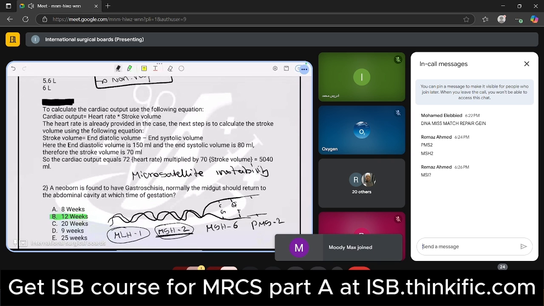This is very, very characteristic of Lynch syndrome. Yeah. Who would tell me what microsatellites are? What's the meaning of microsatellite instability? Anyone? What are microsatellites?